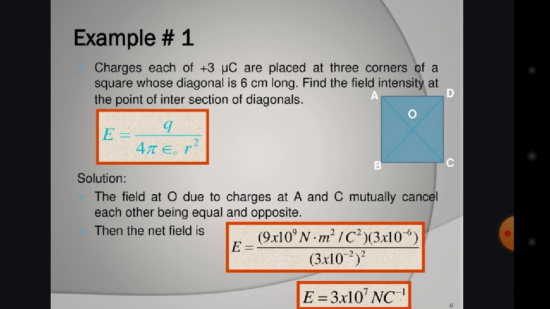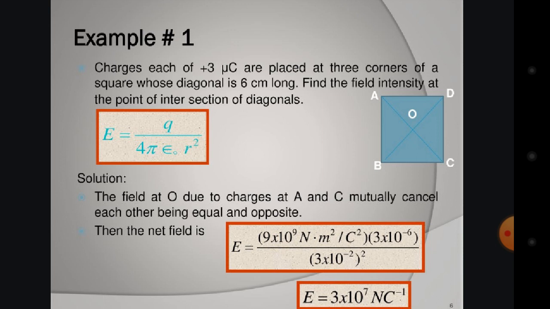That is our value of r, and r is squared. That is where we have this 3 times 10 to the power of minus 2, open bracket, square. So this is how we get it, and that is why we have that value.